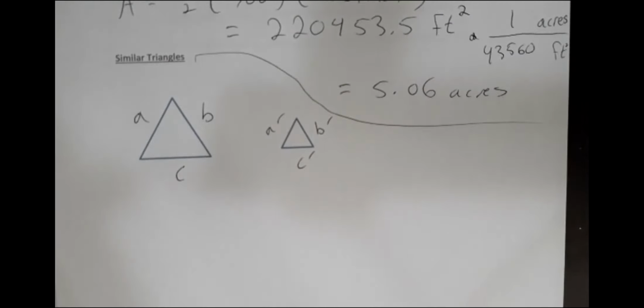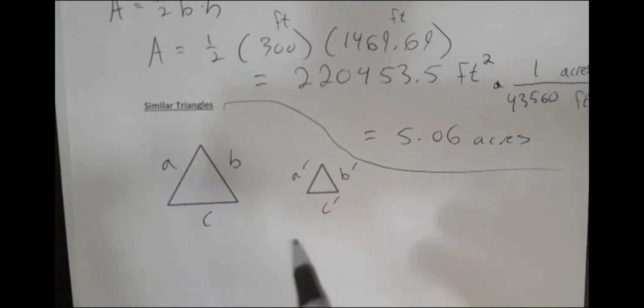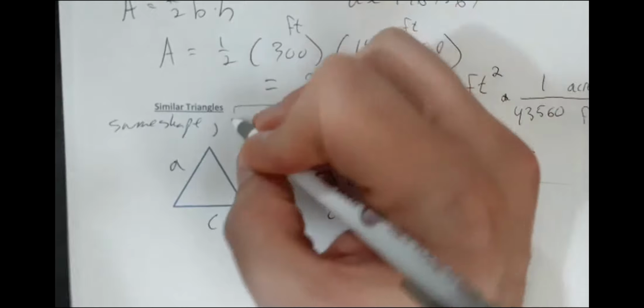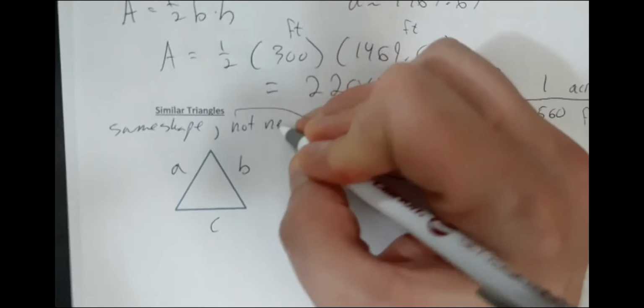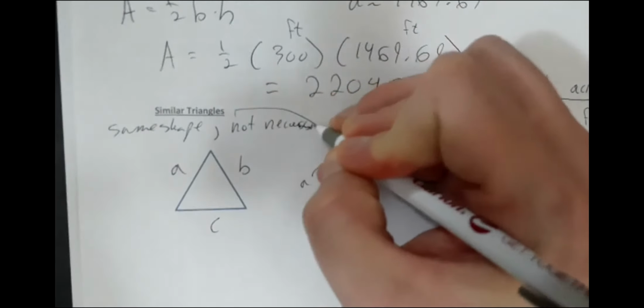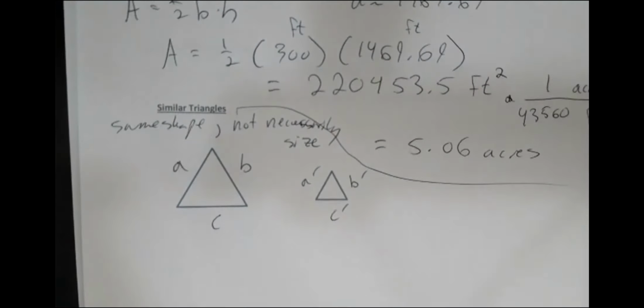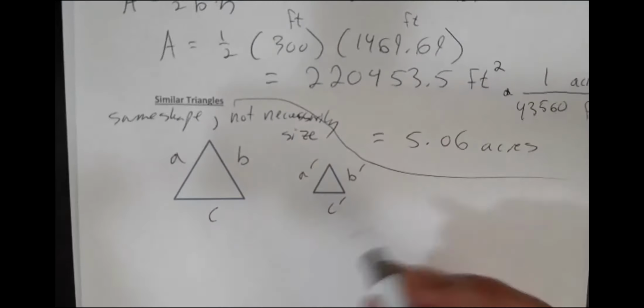So if I'm making these triangles, if I say similar triangles, that means they are the same shape, but not necessarily size, right? But if they're the same shape, there should be ratios that we can write between these things.